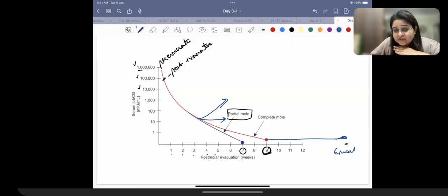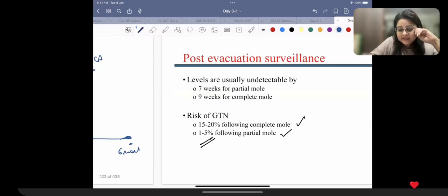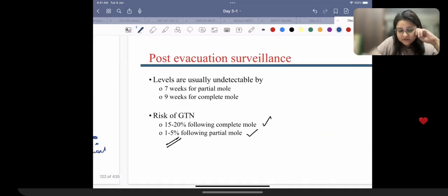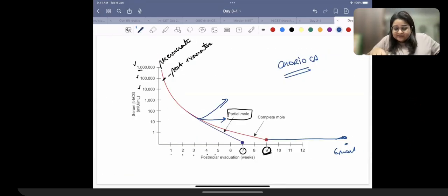It hasn't become zero. Then you will diagnose this patient to have choriocarcinoma. I think the slides are with the oncology slides, but I will cover a bit of it here.